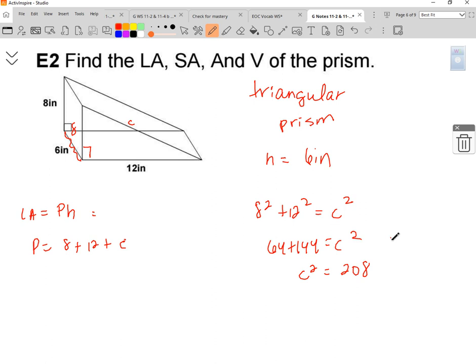Now, we want the length, so we're going to take the square root of both sides. The square root of 208 is 14.422. This is not a final dimension anywhere, so we're going to round that to the hundredths place. So now the perimeter is 8 plus 12 plus 14.42, or 34.42 inches.